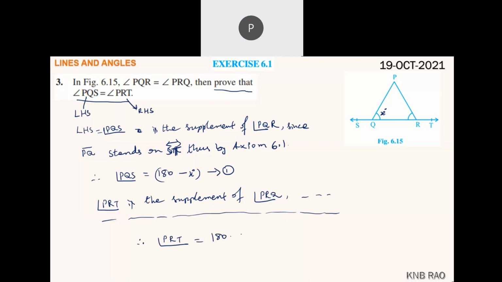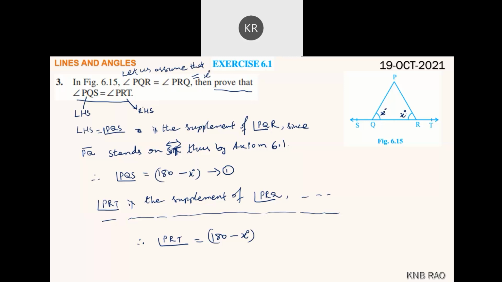Not 180 minus y, it is x degrees, because these two are given as equal. So we will assume in the beginning only, let us assume that angle PQR equals angle PRQ equals x degrees.